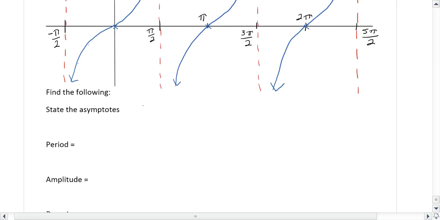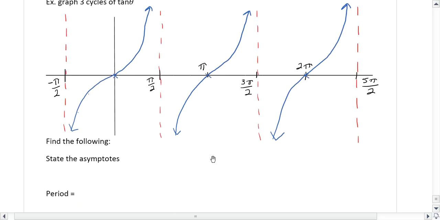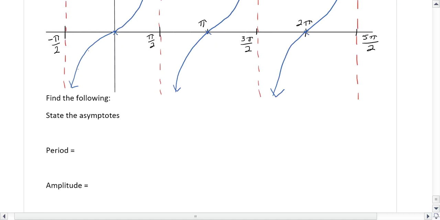The asymptotes here, and maybe you can see if we have the positive asymptote, we're going to also have to list the negative asymptote because this graph keeps going in both directions forever. So to state the asymptotes, we're going to use the plus minus approach. First, the first asymptote we see, if we're starting at 0 and look at either side, we have plus minus pi over 2.